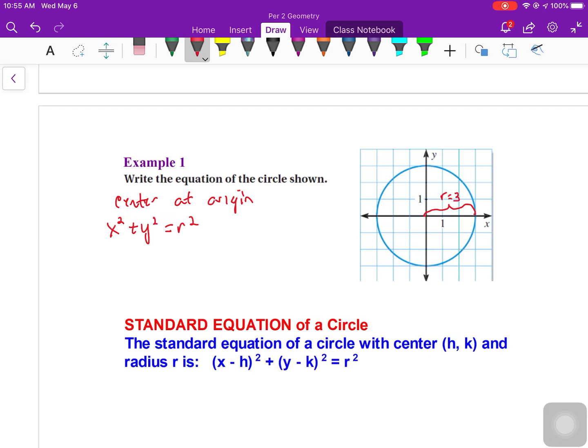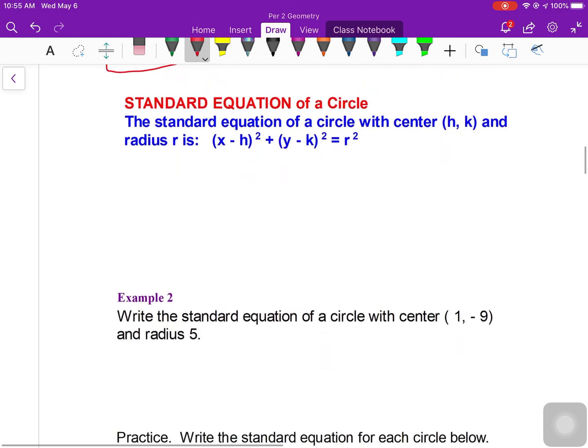If you look at our graph over here, we can count, and the radius there is 3. So we take 3 squared, and that gives us 9. The equation of this circle then would be x squared plus y squared equals 9. Again, if the center is at the origin, the left side is always just x squared plus y squared.